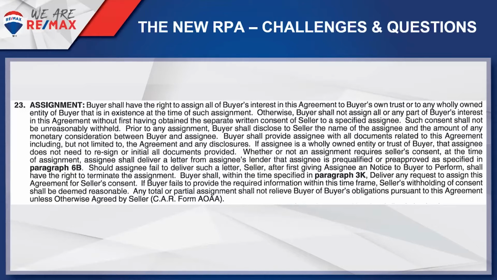And CAR believes that if the buyer assigns it to another entity, and the buyer is represented by a licensed agent, and that other entity is paying the buyer significant money to get that property, and the buyer's not doing anything to it, that could be problematic.